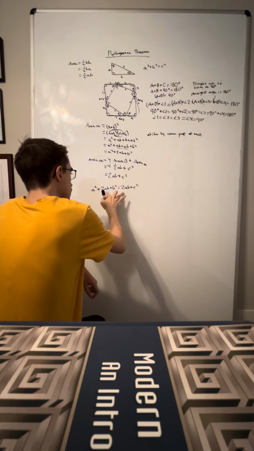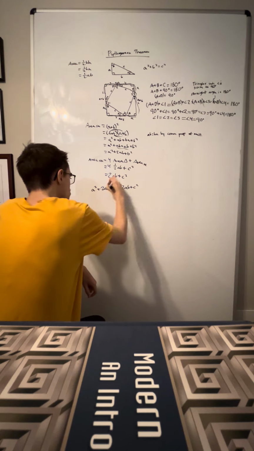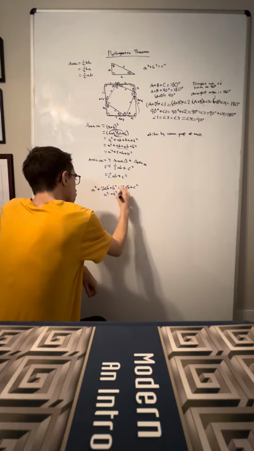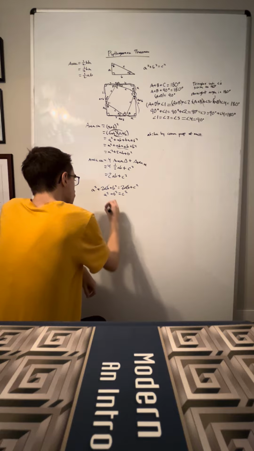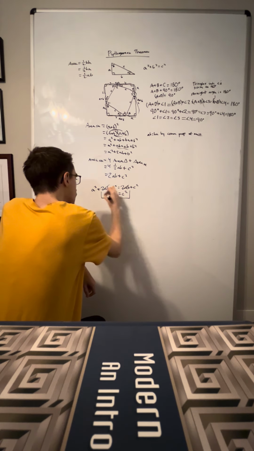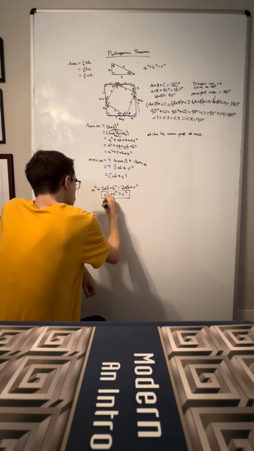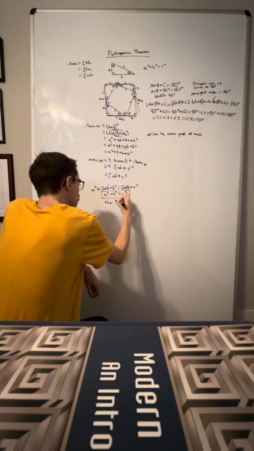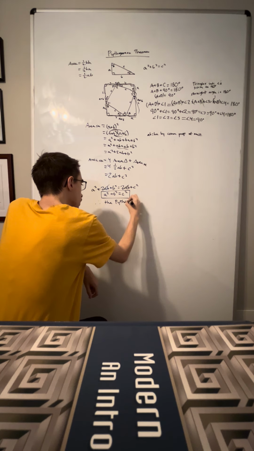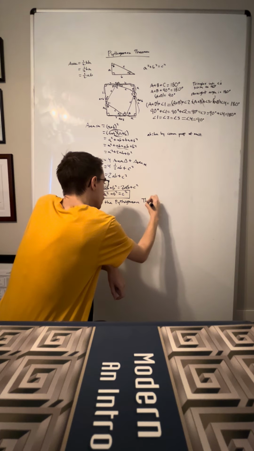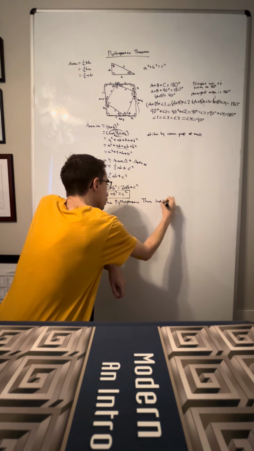And we can cancel these out by subtracting 2ab from both of them. And we get a squared plus b squared equals c squared. So therefore, the Pythagorean theorem holds.